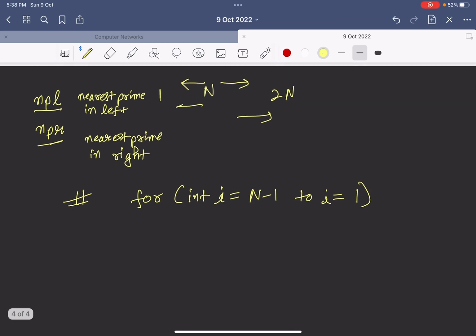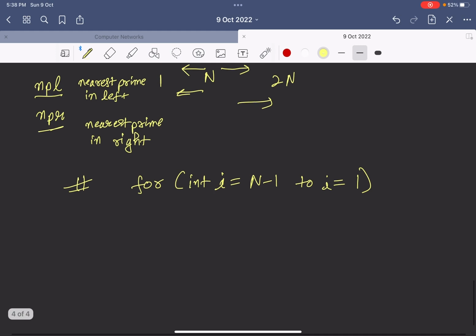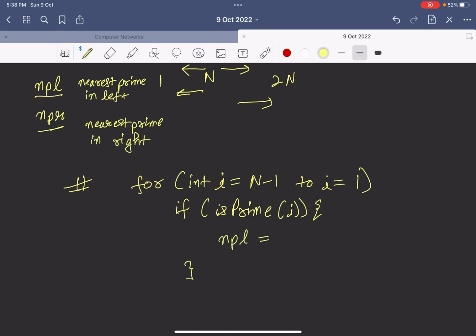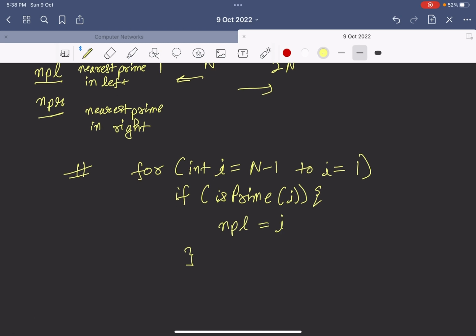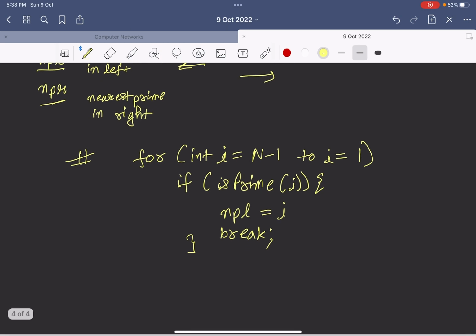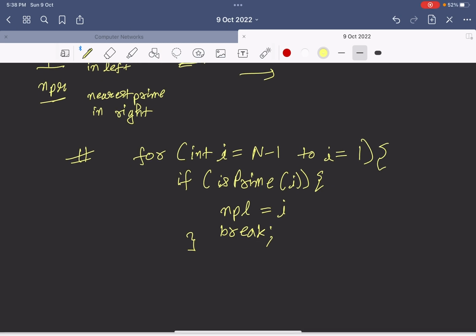While traversing on the left side, I check every number if it is a prime or not, and I run this prime function on i. If it is a prime, I update my NPL with this i, and I break out of that loop, because I no longer need to check for the next number. My job is done whenever I find a prime number.